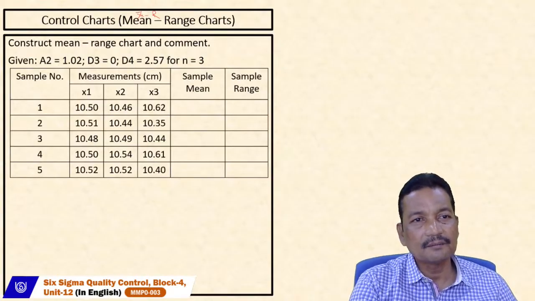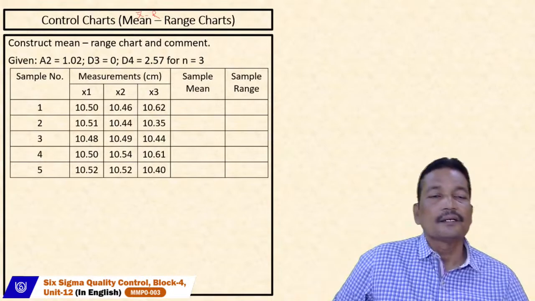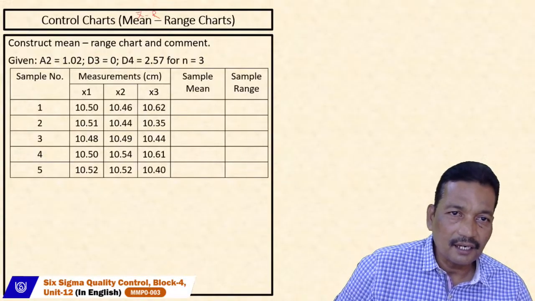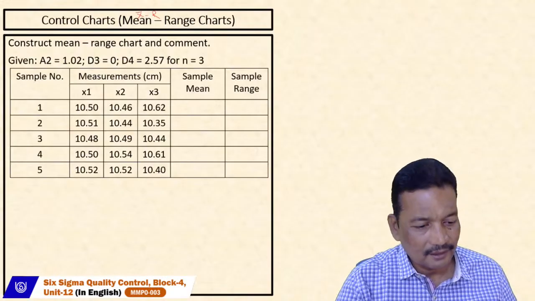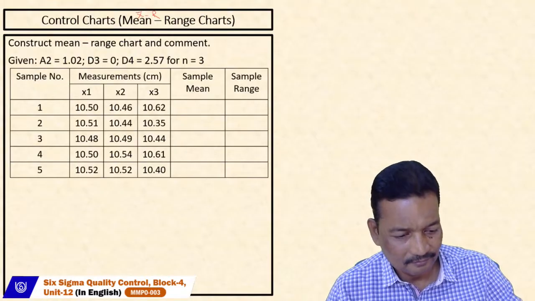X bar is the mathematical representation of mean, R is the mathematical representation of range. Now, construct the mean range chart and comment. Certain values are given, I will tell you how to get those values.